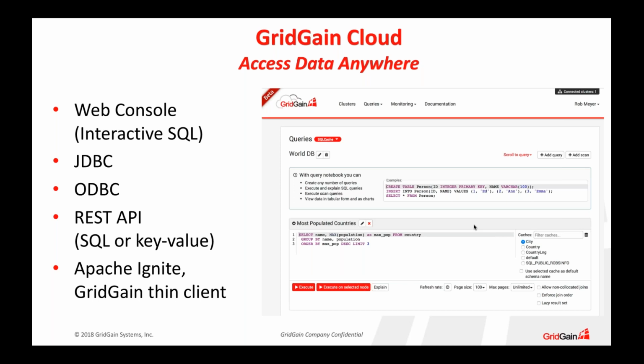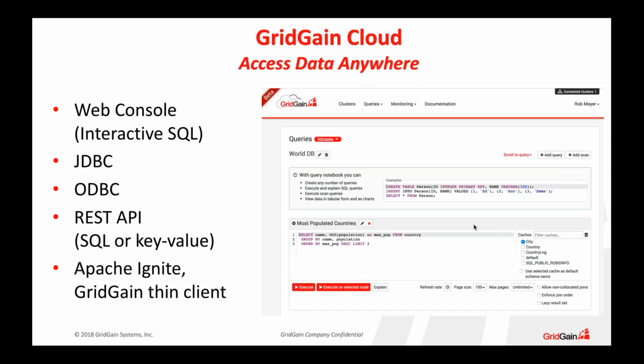So you have the ability to type out and save your own favorite queries and interactively test out what you've got. You can also load interactively if you want. And then you're going to connect either via JDBC or ODBC or REST or even Apache Ignite or GridGain Thin Client, just like you're used to with GridGain.